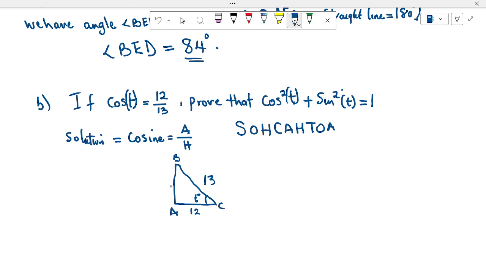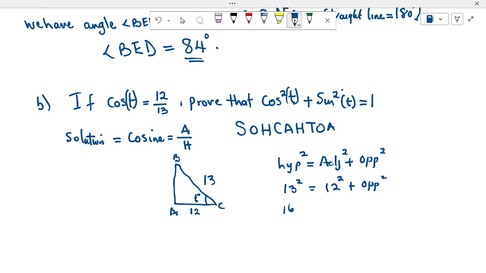To solve this, we know that the hypotenuse squared is equal to the adjacent squared plus the opposite squared. Our hypotenuse is 13 squared. The adjacent is 12 squared. We want to know the opposite.